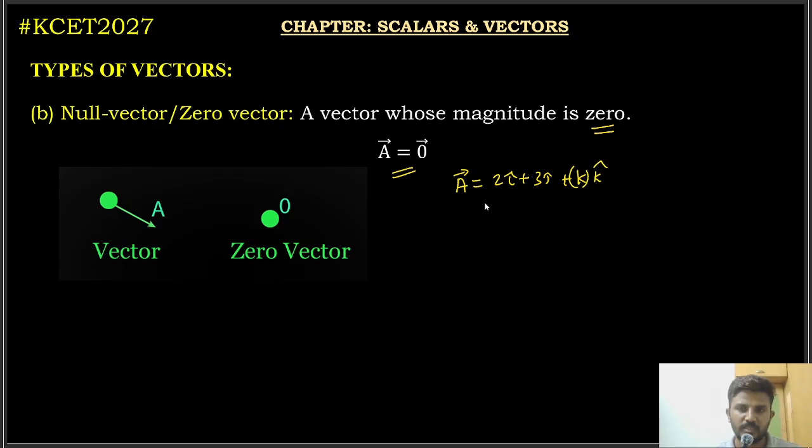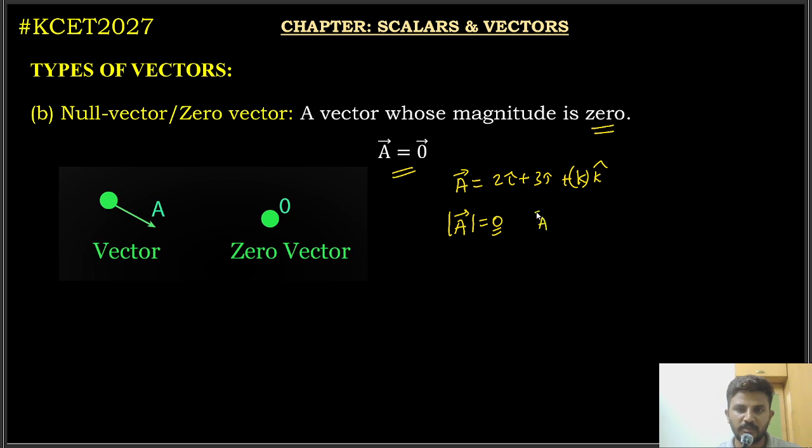If the magnitude of this vector is 0, then that vector is called a zero vector, and by using this we can calculate the value of k. Let us check.